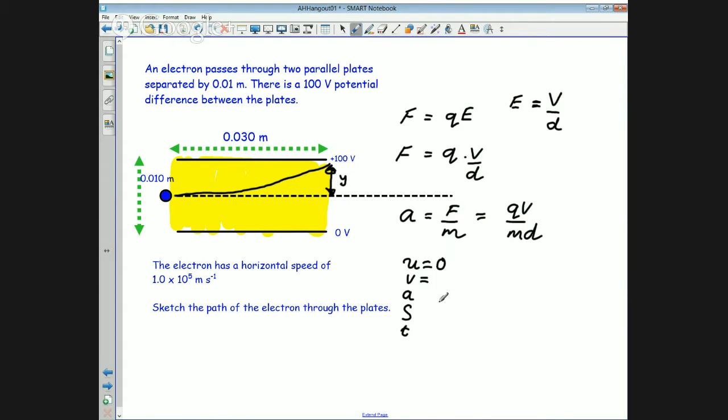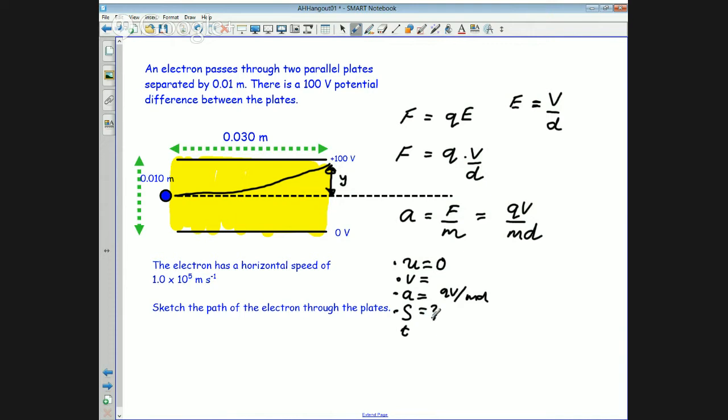We don't know anything about the final velocity. We do know the acceleration now. It's going to be equal to QV over MD. And we want the displacement upwards, so we have got U, A and S. So we can work out the displacement from that.